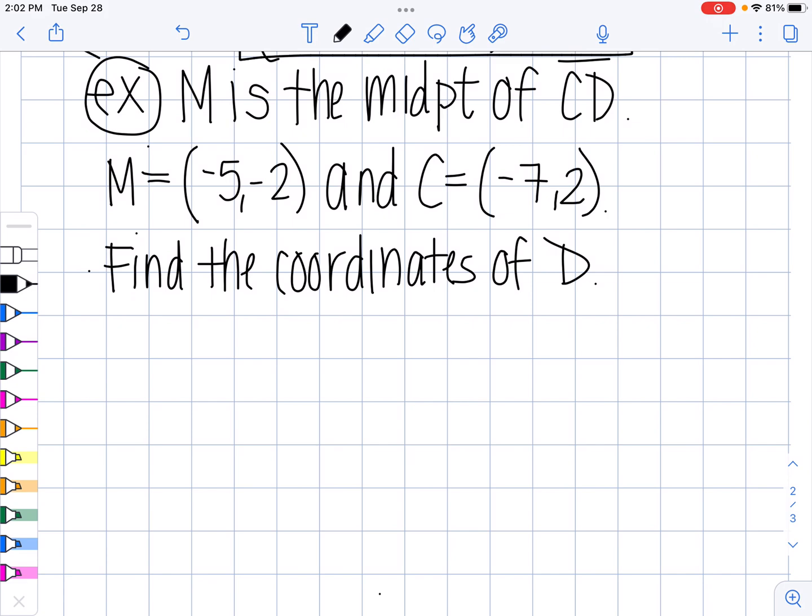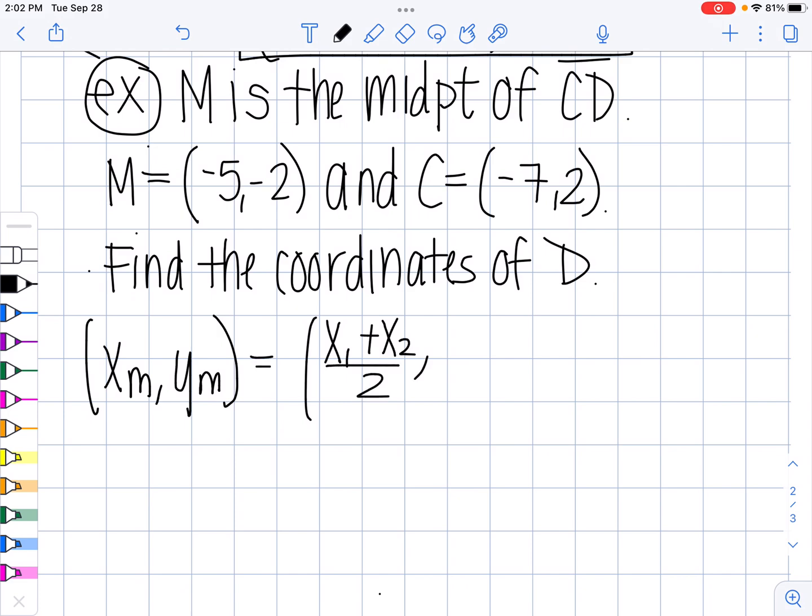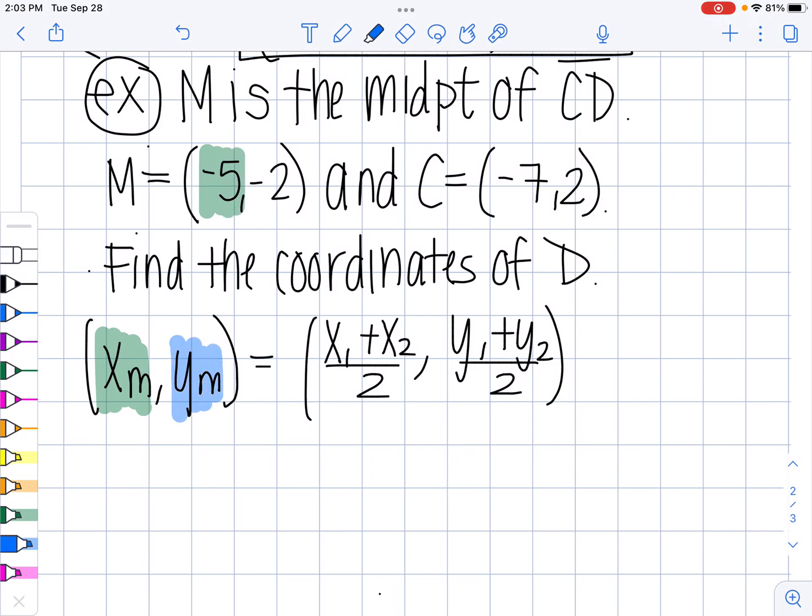So again, I'm going to start off using my formula. (xm, ym) equals ((x1 + x2)/2, (y1 + y2)/2). Okay, so my midpoint is this. I know what this is. So I'm going to say that my x value is here and my y value is here. That's what they tell me.